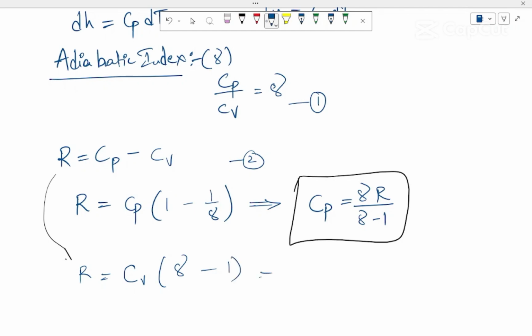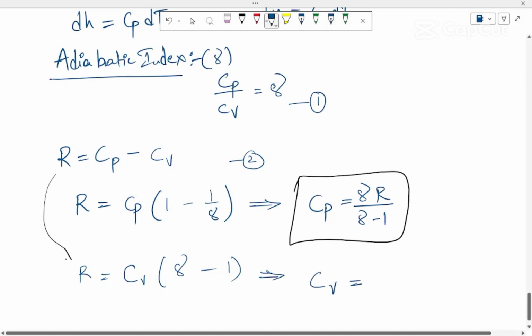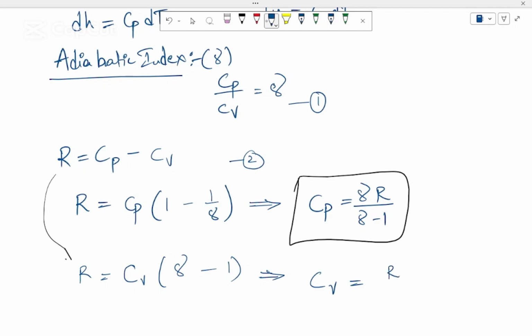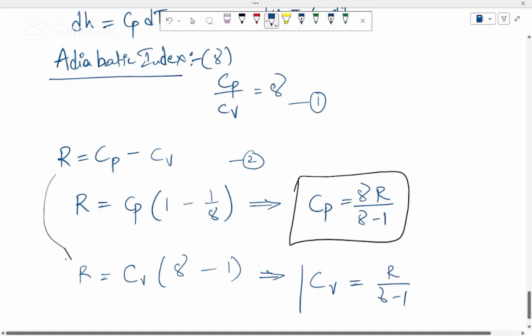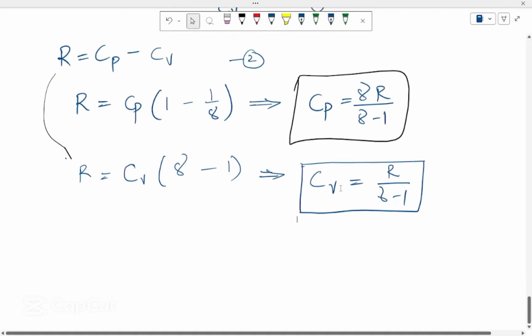So this will give rise to a Cv expression without Cp, which is equal to R by gamma minus 1. So these expressions must be learned by you.